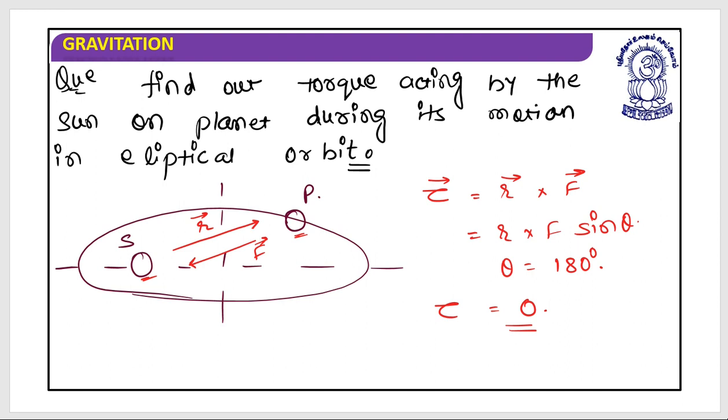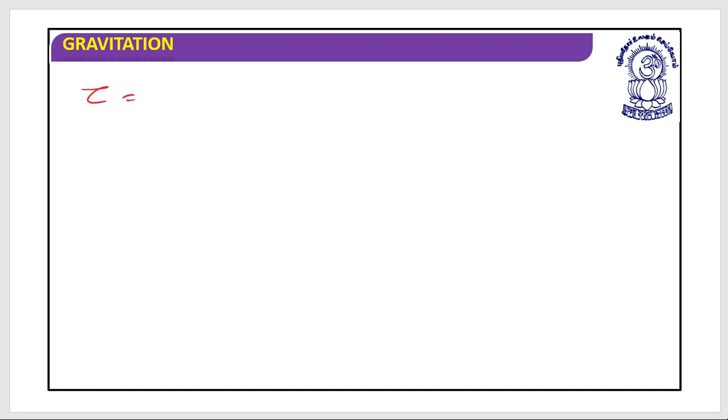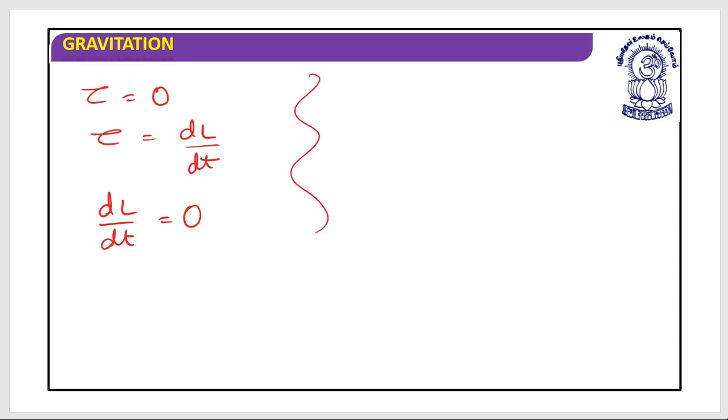Now, one more very important aspect: when torque equals 0, we understand that torque equals dL by dt. So dL by dt would be equal to 0. And when dL by dt is 0, the change in momentum is 0.